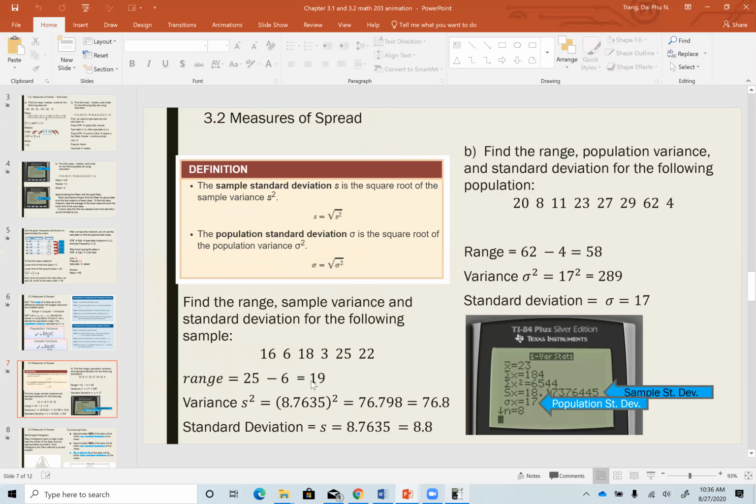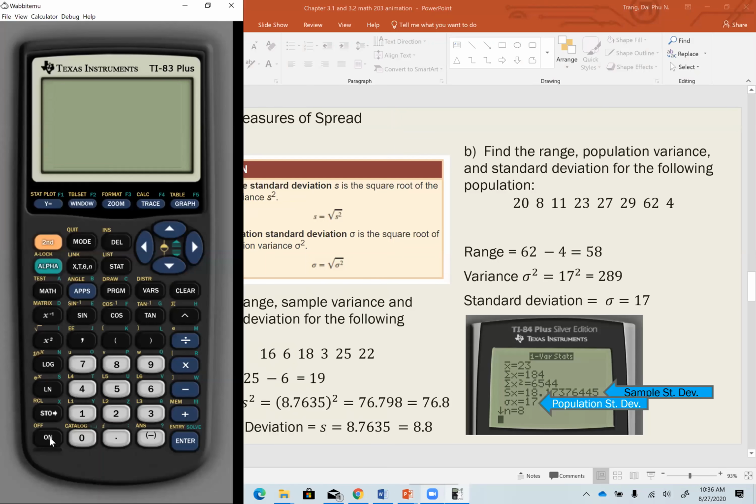So look at this. This is my data. Let me turn this on and clear this item. To find the variance and the standard deviation, ladies and gentlemen, the first thing we need to do is the same: put in your data.